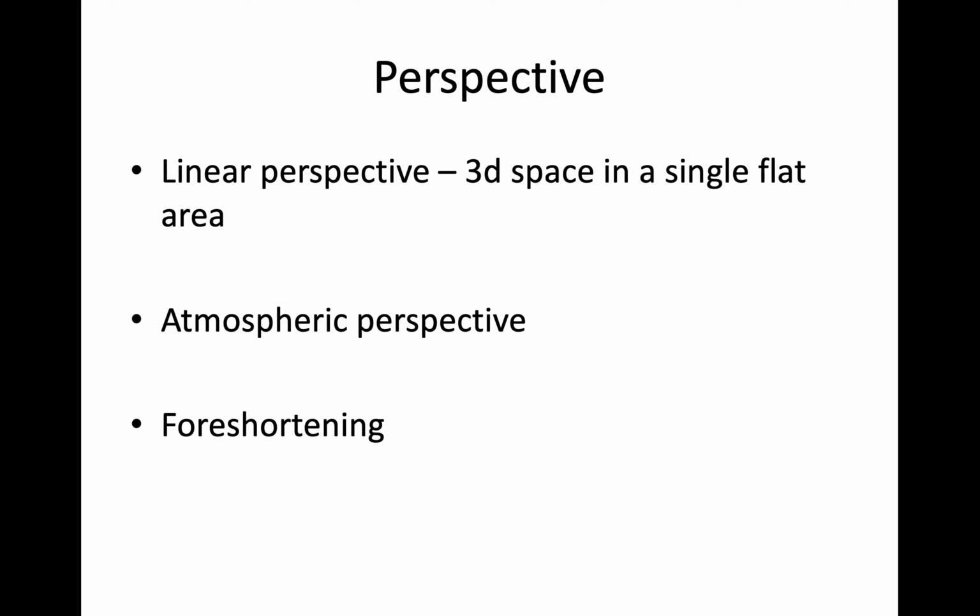So your brain will read two lines converging in the distance as three-dimensional depth. So things in the foreground larger than things in the background, things overlapping each other, your brain will mentally make space for that. And that's how the illusion of depth happens in art.